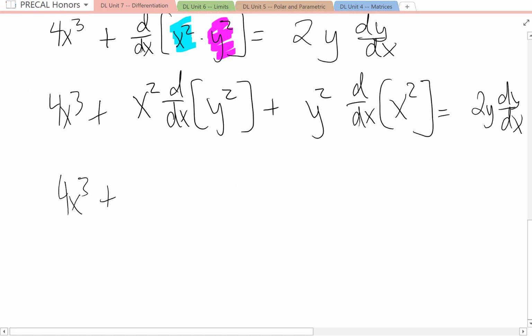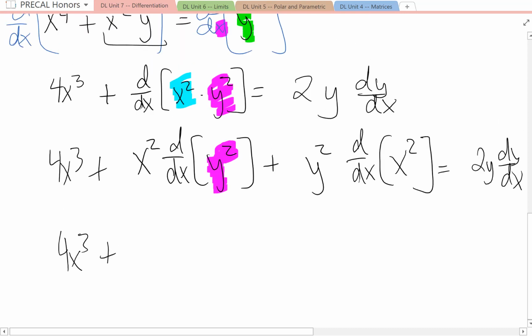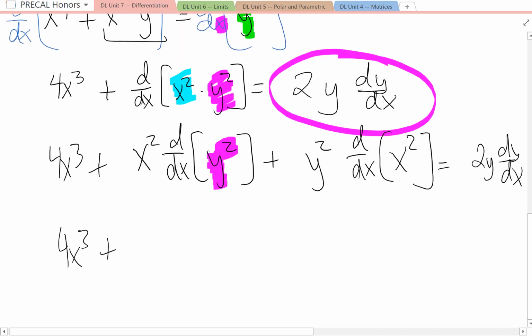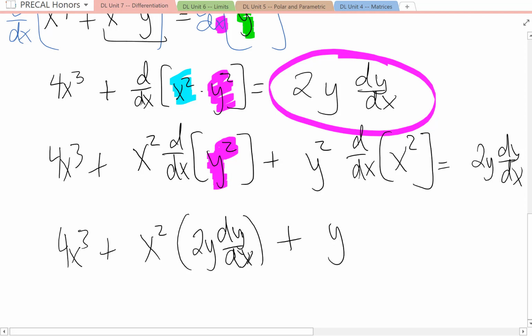Okay, derivative of y squared. We already did that, didn't we? It's 2y dy dx. So x squared times 2y dy dx plus the derivative of x squared is just 2x, so y squared times 2x equals 2y dy dx.